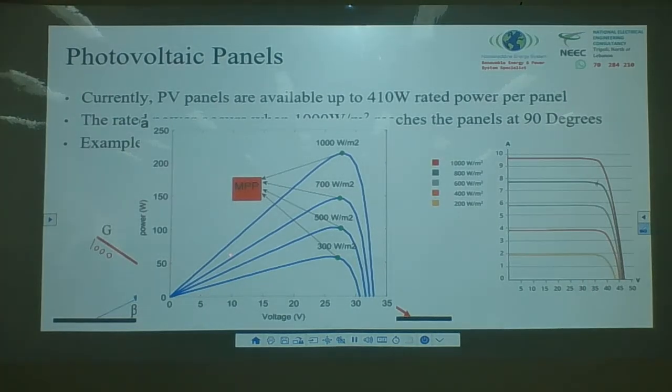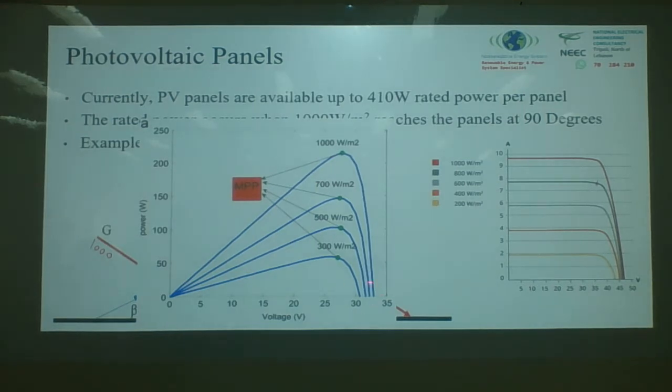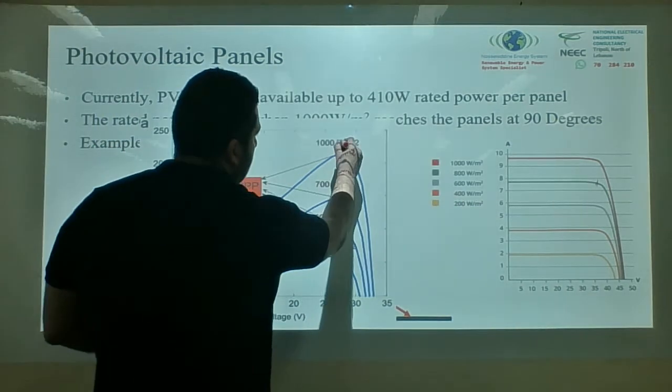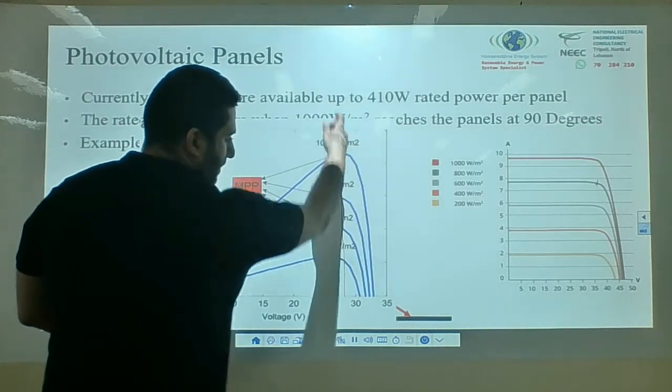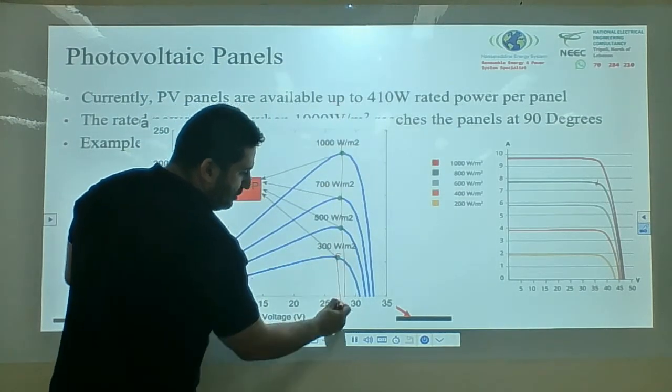And this is where the MPP, the maximum power, depends. As you can see, the voltage is the same. What changes is the current that will drive the power to go down. It's almost the same voltage. If you draw a line, there's only a little bit of change in voltage.